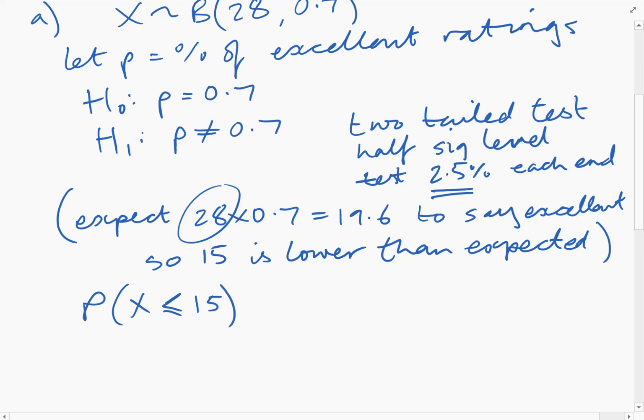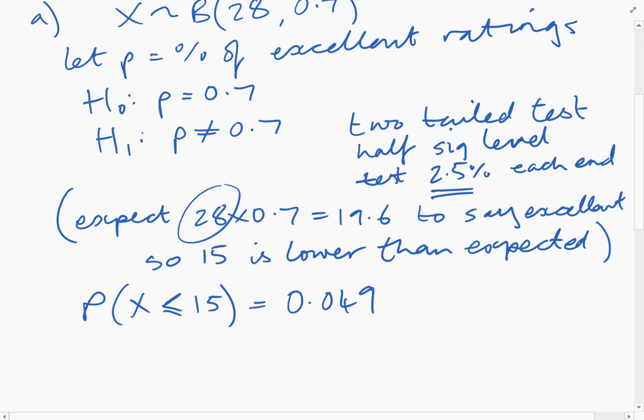So if it was 15 or even lower than that, that's what we need to find. So if you use the binomial cumulative table on your calculator, you should find that the probability of that happening is 0.049.